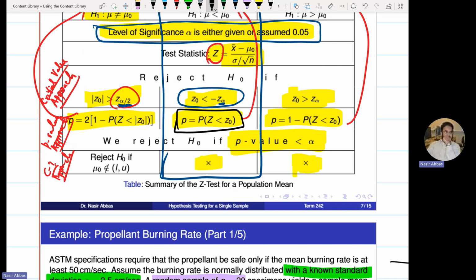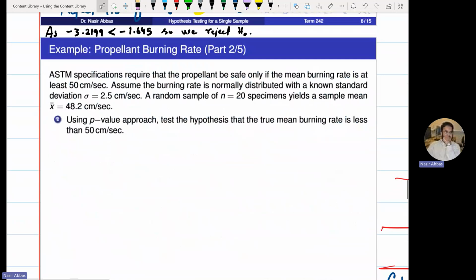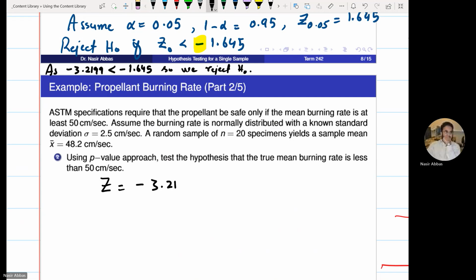After finding this p-value, we will reject H naught if the p-value is small. How small? Less than alpha. Again, if alpha is not given, you will assume it. So let us take this expression and compute the p-value. To compute the p-value, again, you need the value of Z. We computed Z to be minus 3.2199.